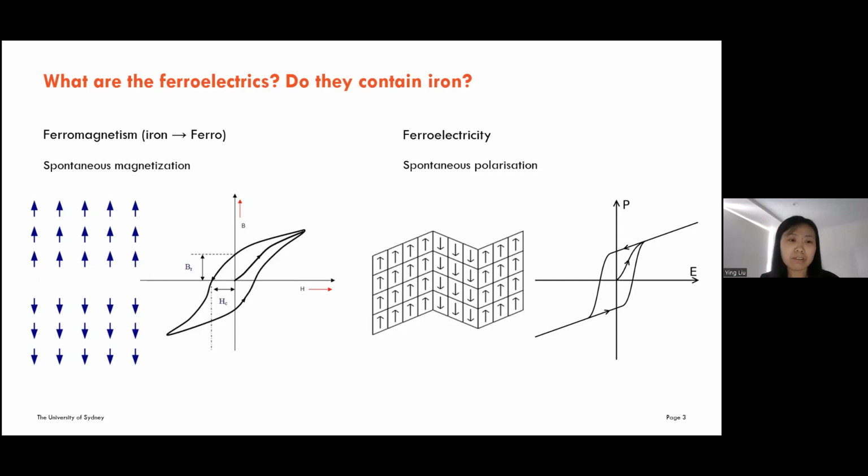Ferromagnetic materials show spontaneous magnetization, and the magnetization can be reoriented by an external magnetic field. They also show strong coercivity under an external magnetic field. Similarly, ferroelectric materials show spontaneous polarization, and the spontaneous polarization can be switched by an external electric field. And similarly, they also show strong coercivity under a bipolar electric field.